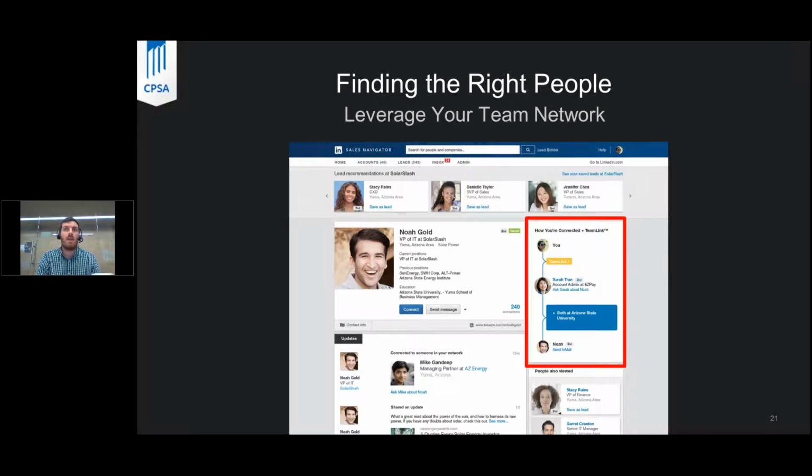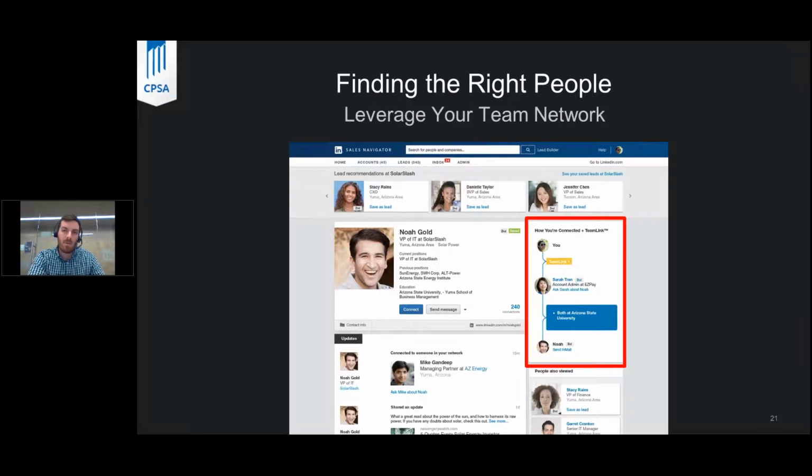So on the right-hand side, I'll know what's my best path in, right? Because this will connect not only to who I know, which you guys are all used to on LinkedIn.com, right? We all know it works that way. Who do I know? Now we actually expand that reach and that math again into your entire team that has a Sales Navigator license.